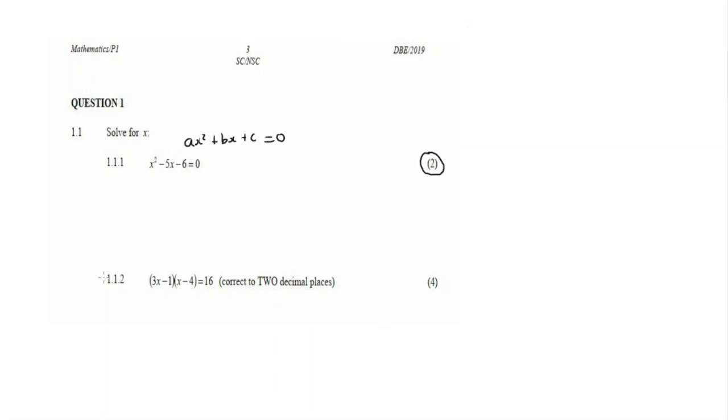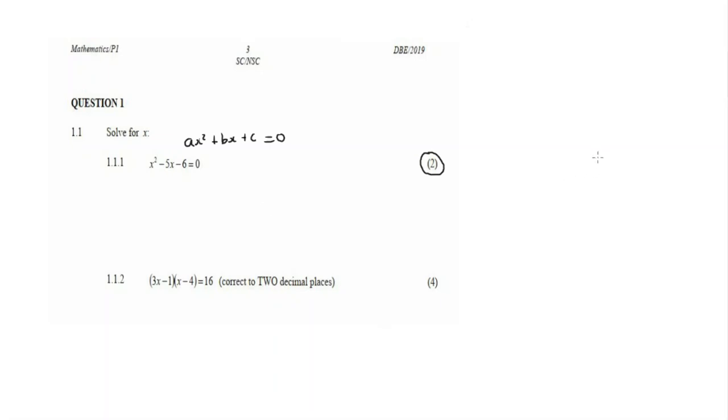If you look at 1.1.2, this is another form of a quadratic equation, but the answer is going to be an irrational number. In such a case, we cannot use the factoring method, but instead we have to use the other two methods, completing the square or the quadratic formula. So for 1.1.1 we will use the factoring method, but feel free to use the other two methods.